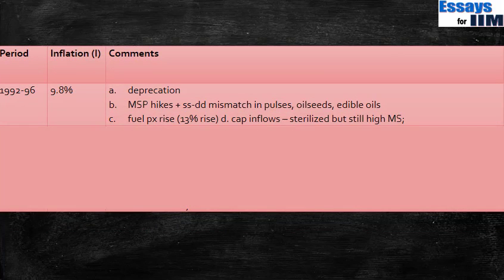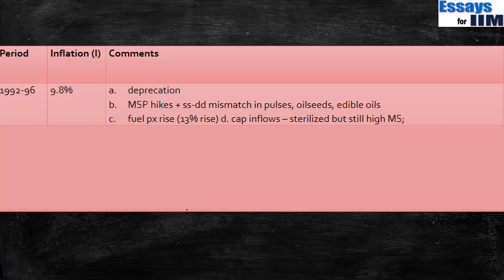Okay, from 90, then you know that we had the crisis of 91, and then we went in for liberalization. So what happened right after that? Between 92 and 96, inflation was again very high at 9.8%. The reasons for that were, first of all, there was depreciation. So rupee was devaluated. Now, as we've explained in various other videos, but again to reiterate the point, let us say rupee right now is $1 is equal to 50 rupees.